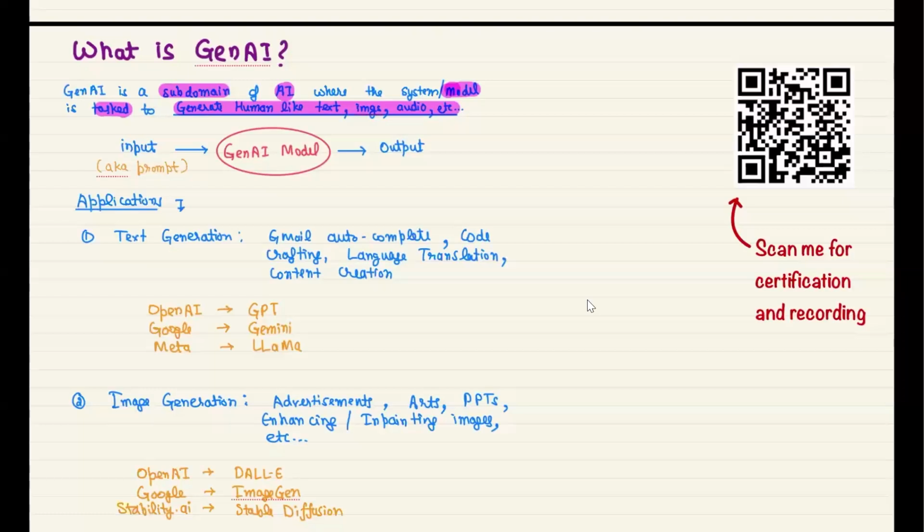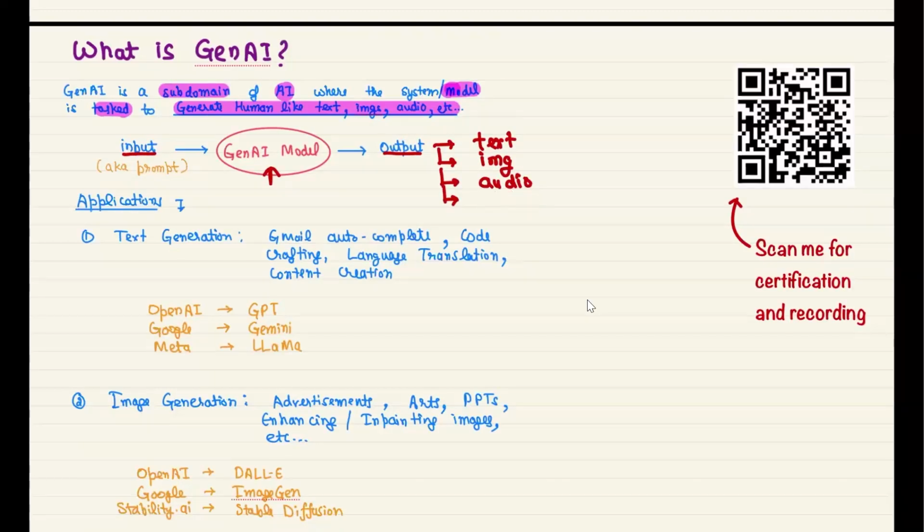In simple terms, the model is going to take the input and the output from the model will be a text output, an image output, an audio or speech output, or a video output. Are you all able to understand this?